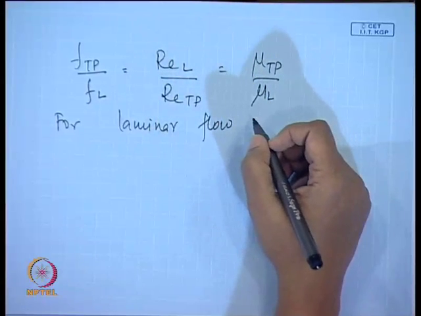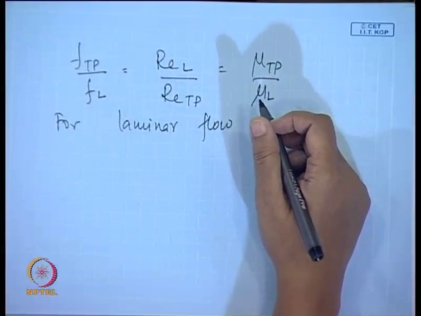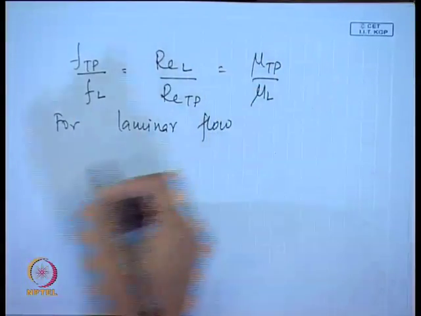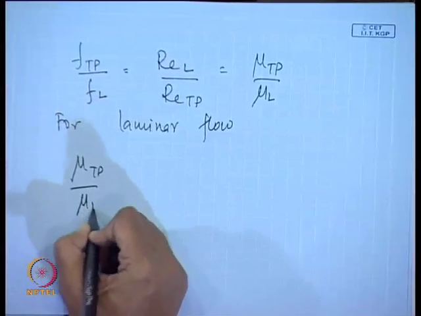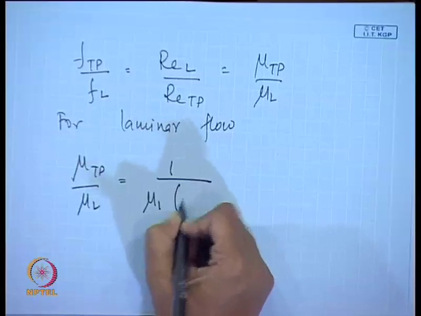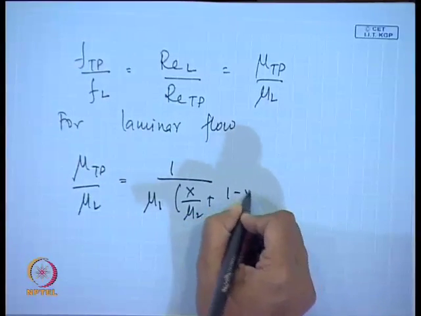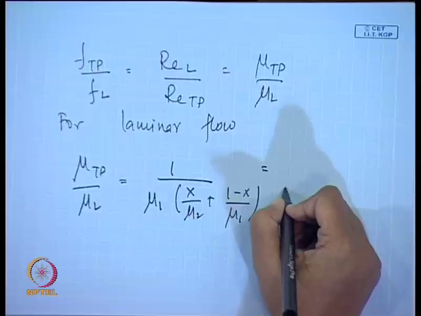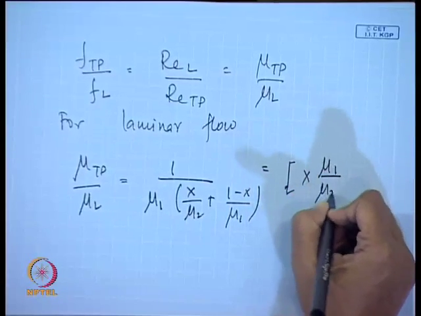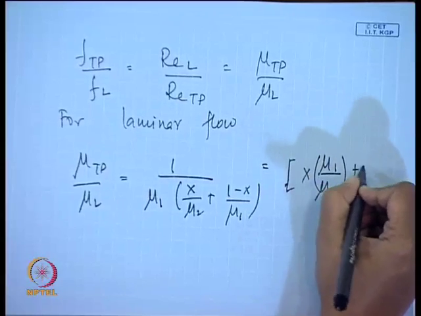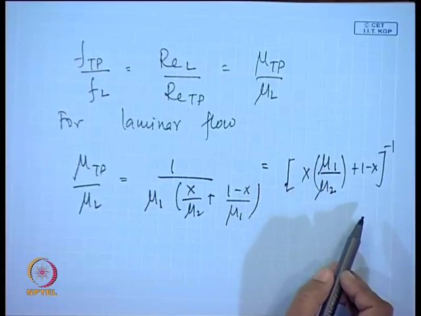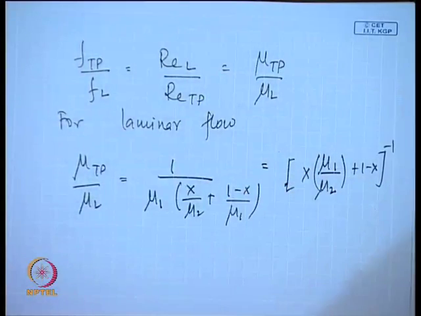Now suppose we take the McAdams equation. Then mu TP by mu L can be written in this form, x by mu 2 plus 1 minus x by mu 1, or in a better form, x mu 1 by mu 2 plus 1 minus x, whole to the power minus 1, is it not? That is the way in which we substitute.